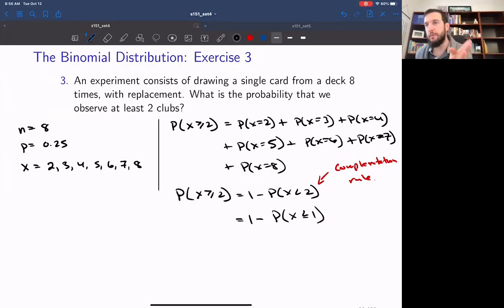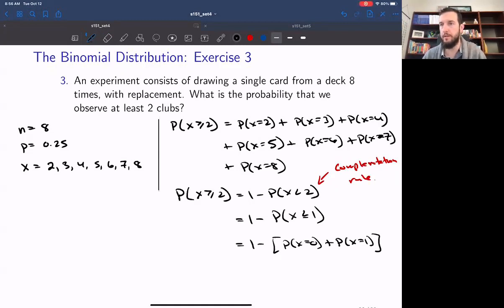Okay, so x being strictly less than 2 is the same thing as x being less than or equal to 1. Those are equivalent. Okay, and now this thing is simply x equals 0 plus x is equal to 1. In red, I wrote complementation rule. This is just the complement.